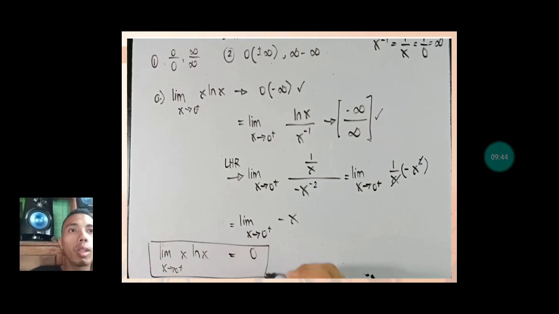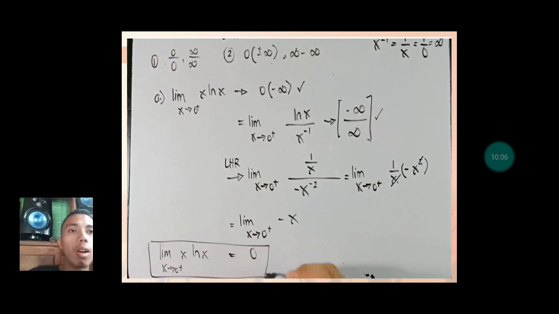So as you can see here, this is the same form as category number 2. That's why we can proceed with L'Hopital's rule.